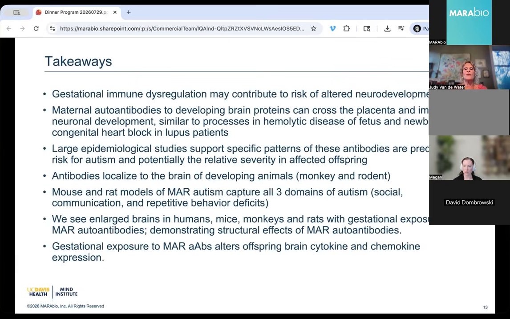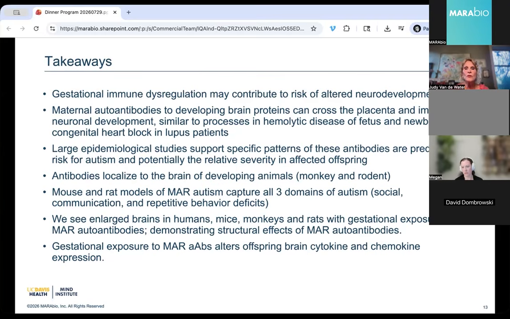So just the takeaways from this very brief overview of the last 27 years of my research: gestational immune dysregulation definitely can contribute to the risk of altered neurodevelopment. These maternal autoantibodies to developing brain proteins cross the placenta. We know that. We've tested that. They impair neuronal development. We've shown that.